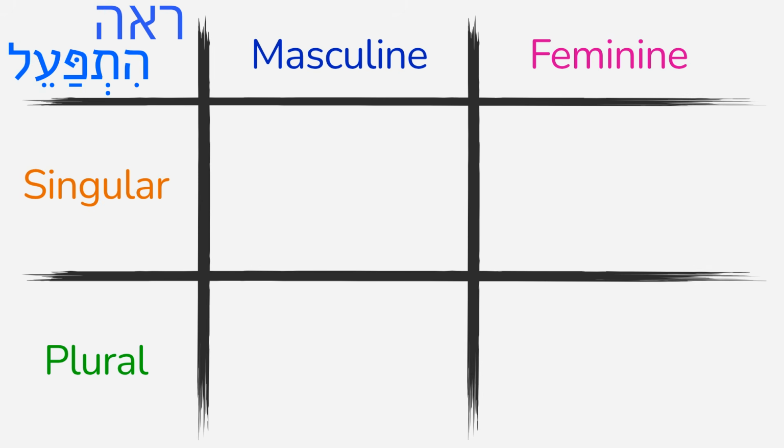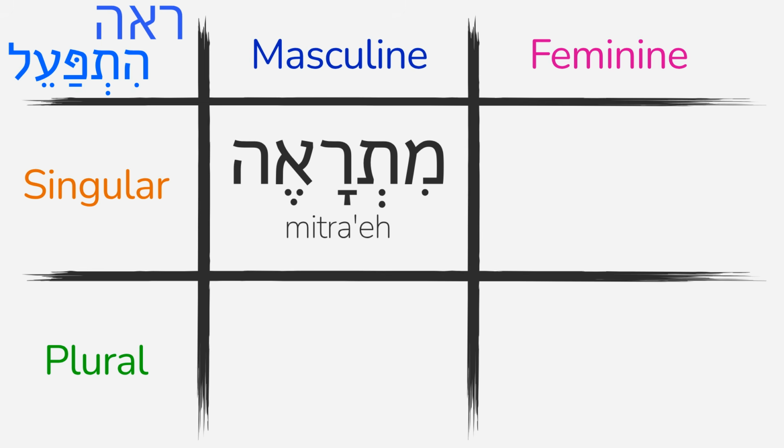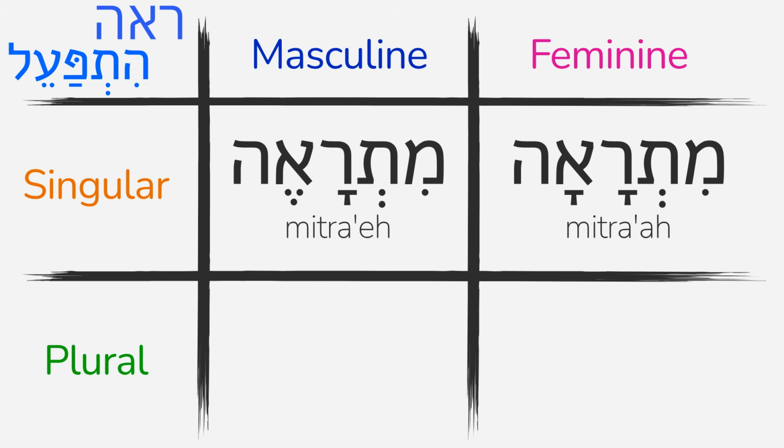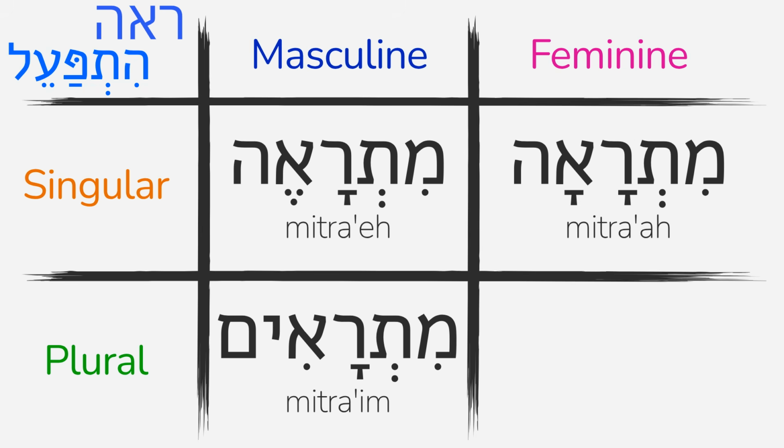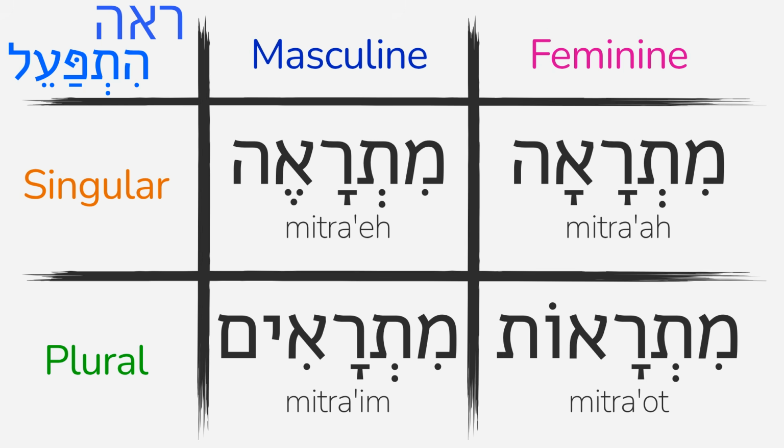The present tense has an eh ending in the masculine singular form, mitra'eh, which is removed for an ah ending for mitra'ah in the feminine singular form, im for mitra'im in the masculine plural form, and ot for mitra'ot in the feminine plural form.